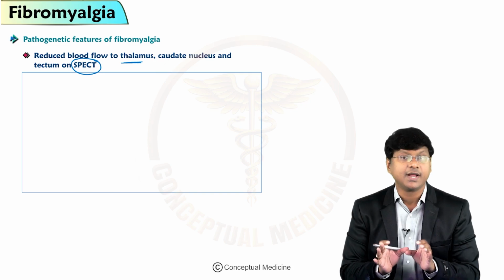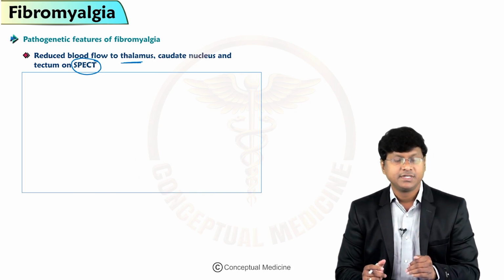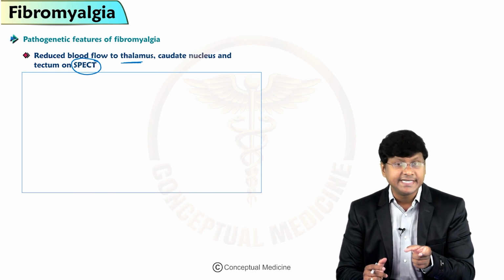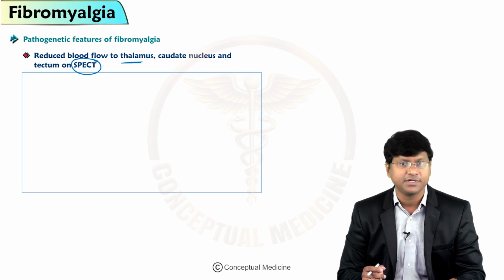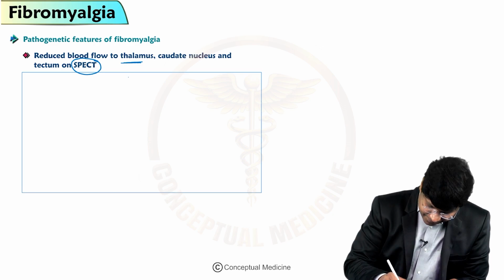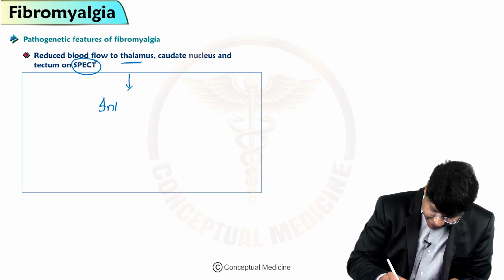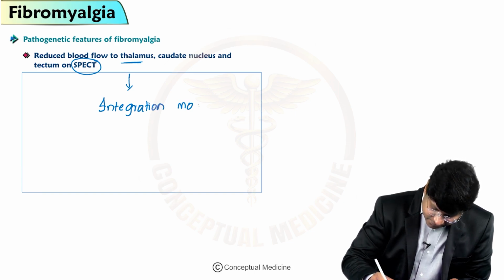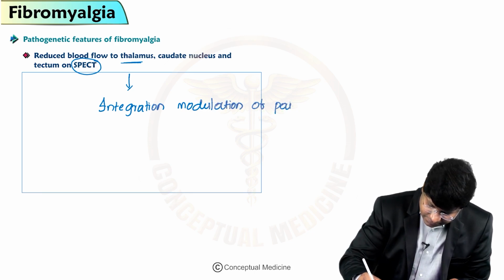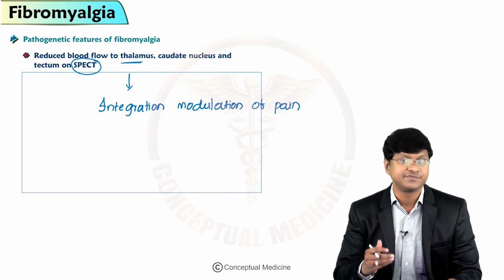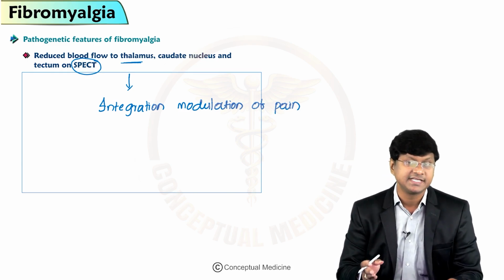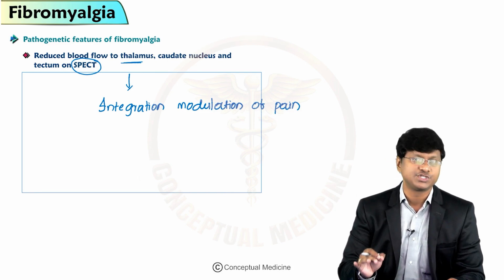These structures are affected, and that is the reason why there will be disturbance in the integration and modulation of pain, and that is what is responsible for the development of fibromyalgia. That may explain why patients with fibromyalgia perceive stimuli such as heat or pressure as painful with less degree of stimulation than normal.